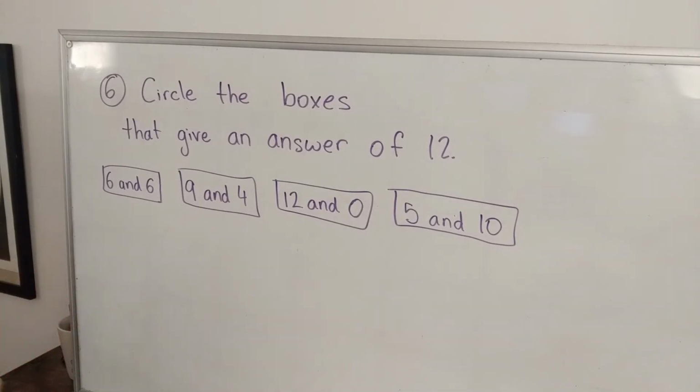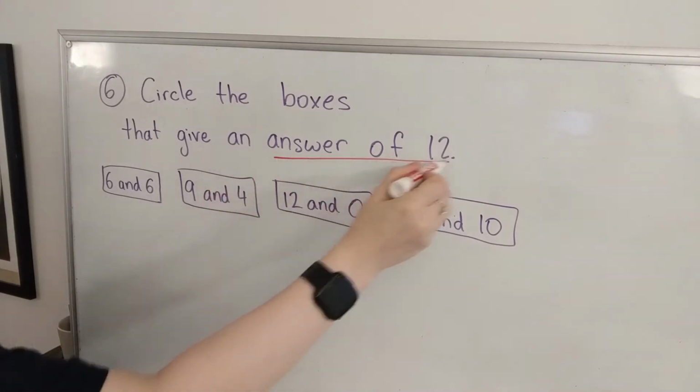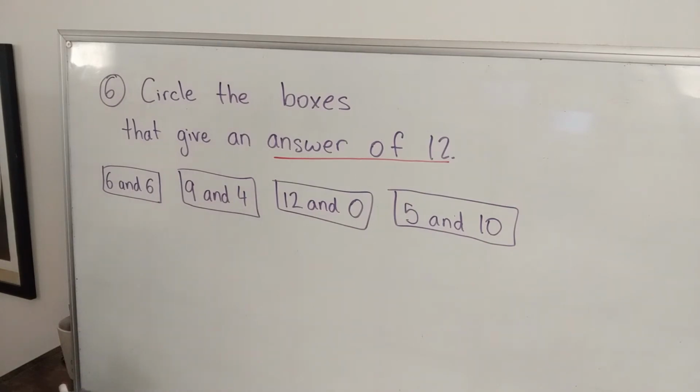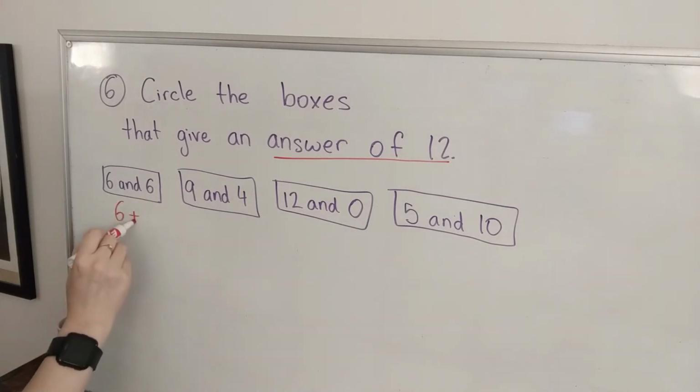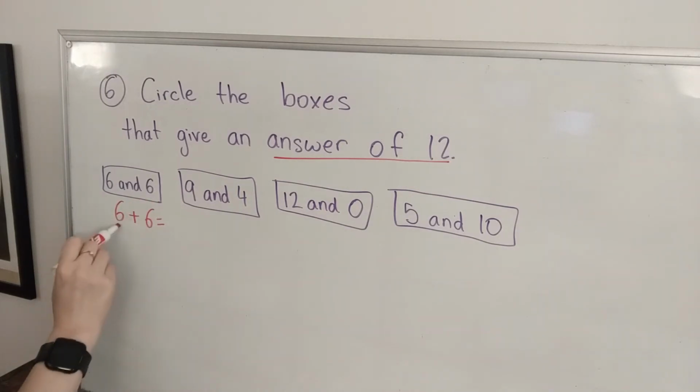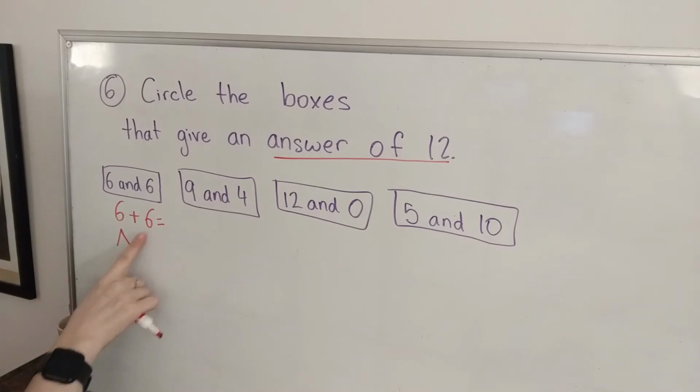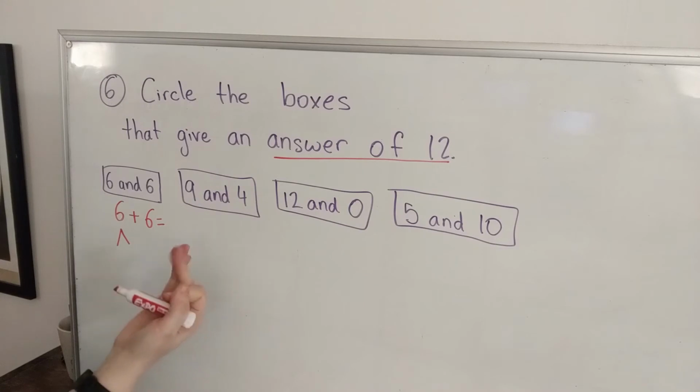Okay, question number 6. It says, circle the boxes that give an answer of 12. So I'm looking for answers that represent the number 12. 6 and 6. How many more does 6 need to get to 10? 6, 7, 8, 9, 10.